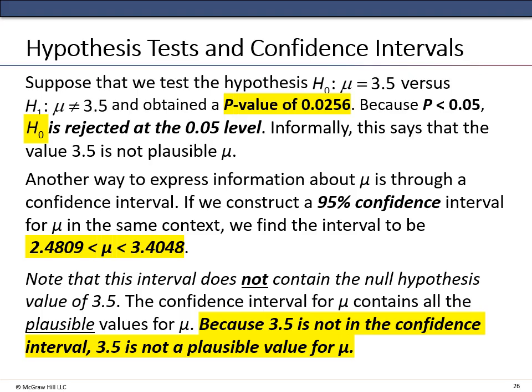Note that this interval does not contain the null hypothesis value of 3.5. The confidence interval for mu contains all of the plausible values for the population mean. Because 3.5 is not in the confidence interval, 3.5 is not a plausible value for the population mean.